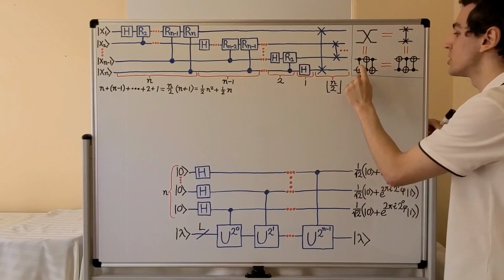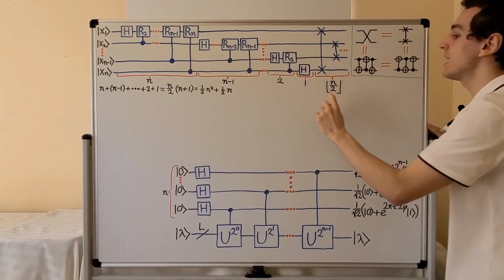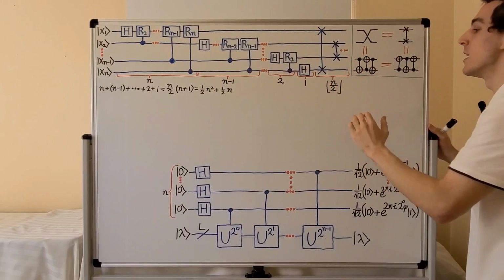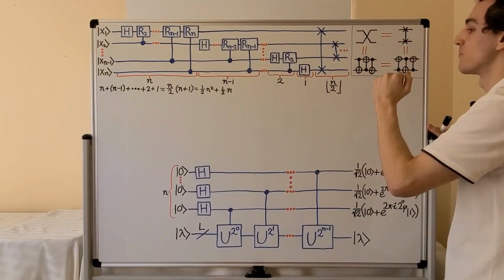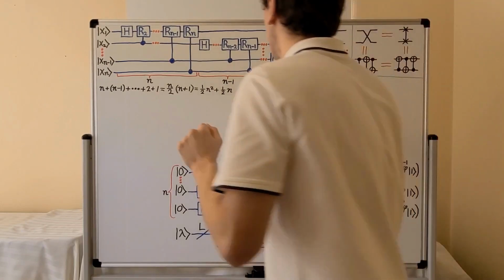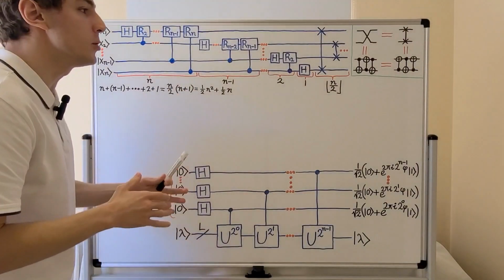So if we want to count each of these as an individual gate, when we're implementing each of these swap gates, we can add an extra coefficient of 3 over here. But it's still going to be bounded by a linear function. So we're going to have a linear contribution that depends on n, and then we're going to have a quadratic contribution over here. So what can we conclude from that?